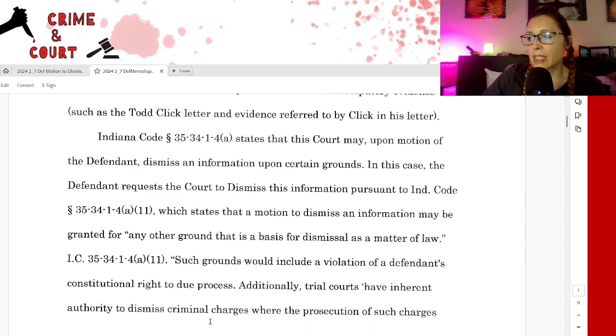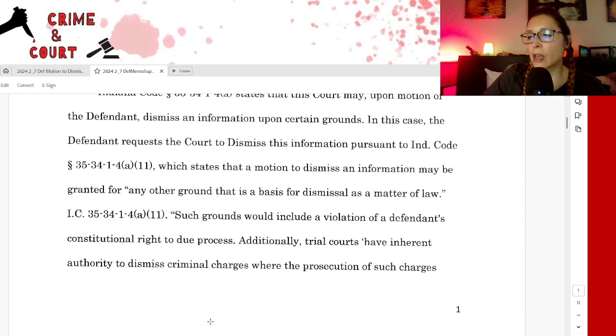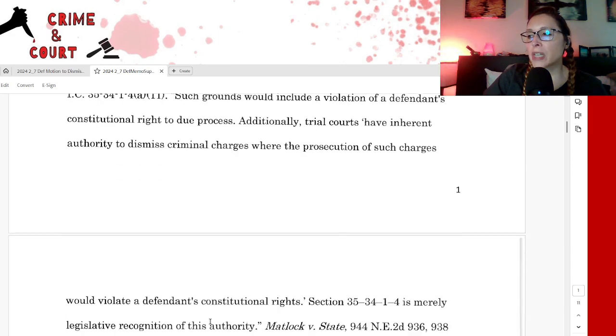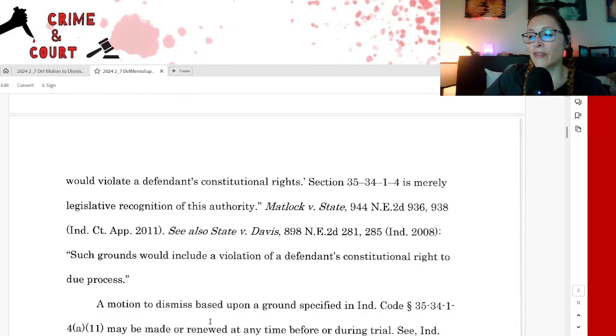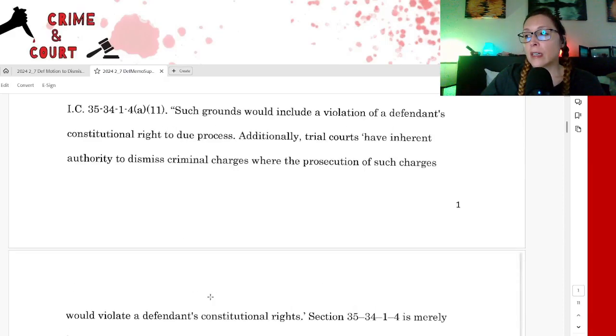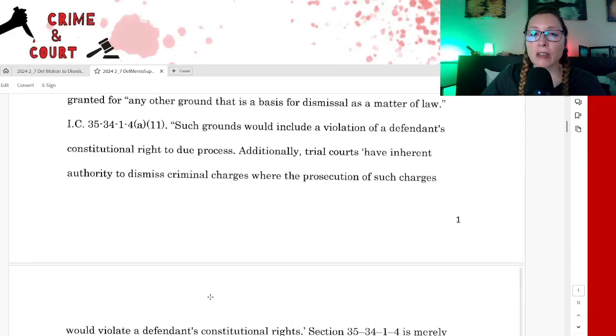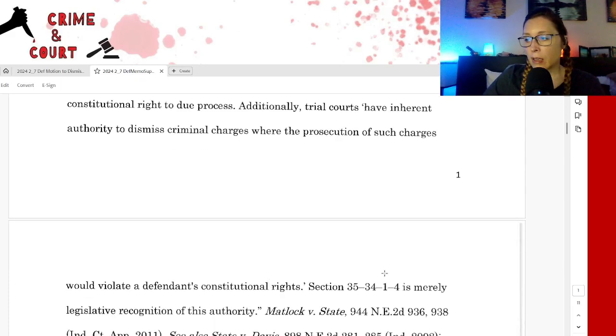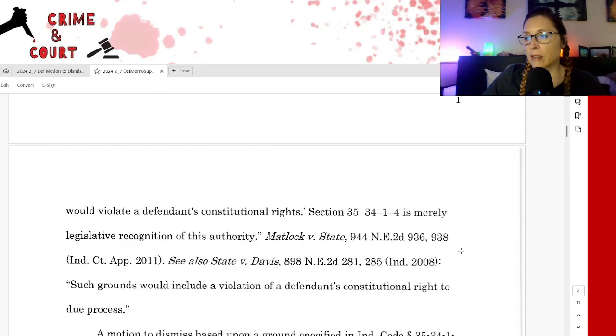Additionally, trial courts have inherent authority to dismiss criminal charges where the prosecution of such charges would violate a defendant's constitutional rights. So they're making the argument that, because of the way the investigation was done and the way things were hidden, these charges violate Rick Allen's constitutional rights.